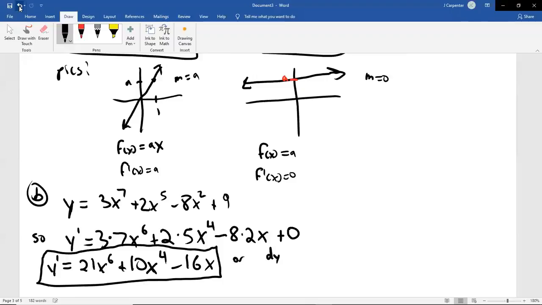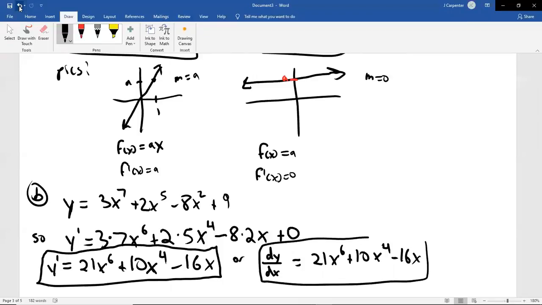Or the other notation, dy over dx. We're not talking about f of x, we're talking about y, so that's why we don't write f prime of x or df dx. So 21x to the 6th plus 10x to the 4th minus 16x. Again, same answer, just different notation.